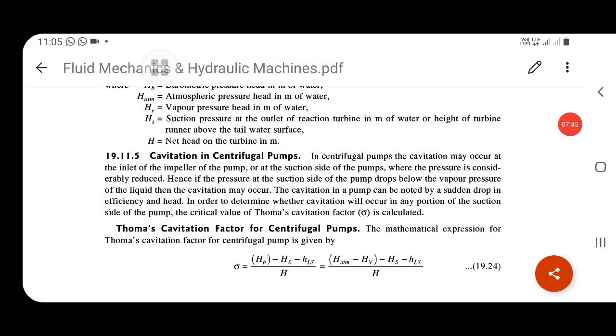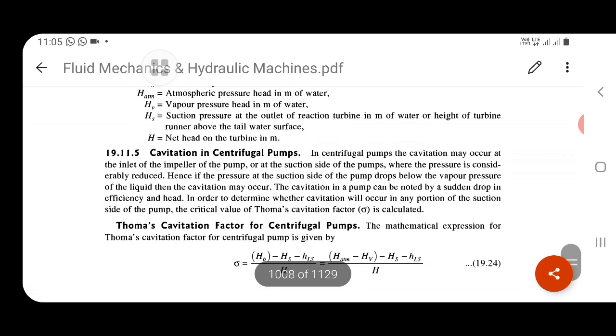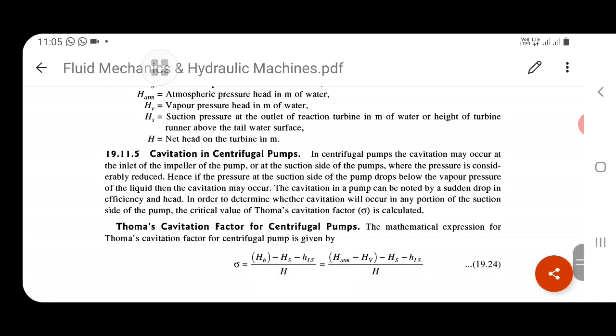Cavitation may occur at the inlet of the impeller, at the suction side of the pump, when the pressure in the suction side drops below the vapor pressure of the liquid. Due to that, cavitation occurs in the impeller of the pump.